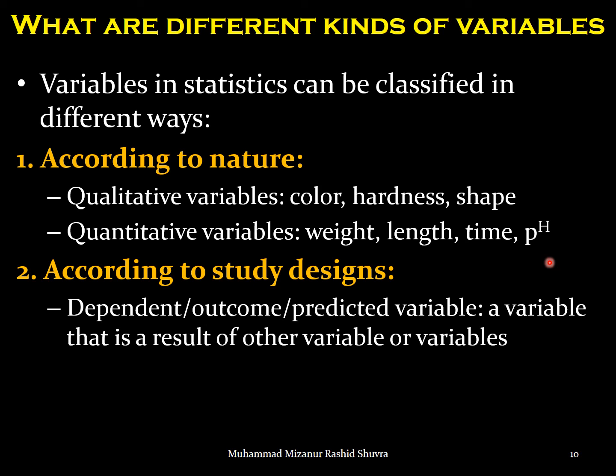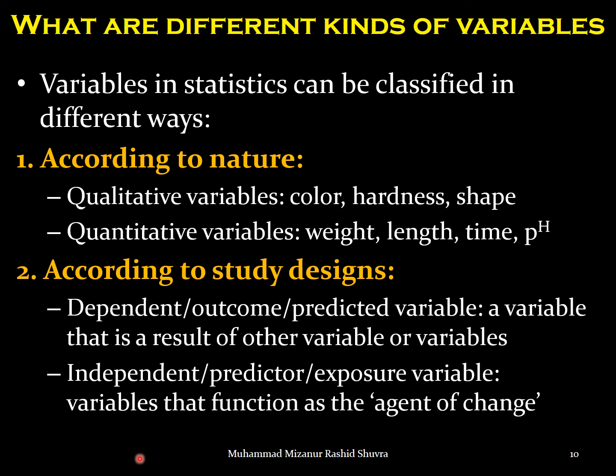According to study design, you have dependent or outcome or predicted variable, and then you also have independent, predictor or exposure variable. Now, these names that you're seeing here with oblique signs, it means they are all the same things.